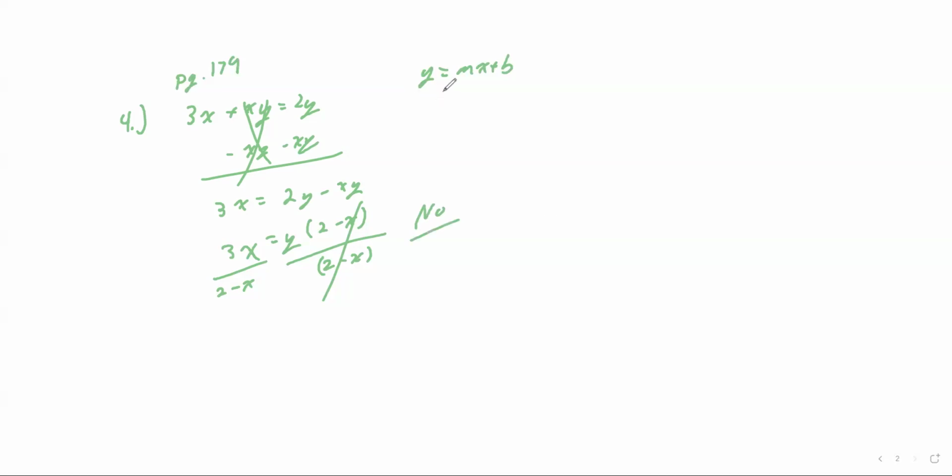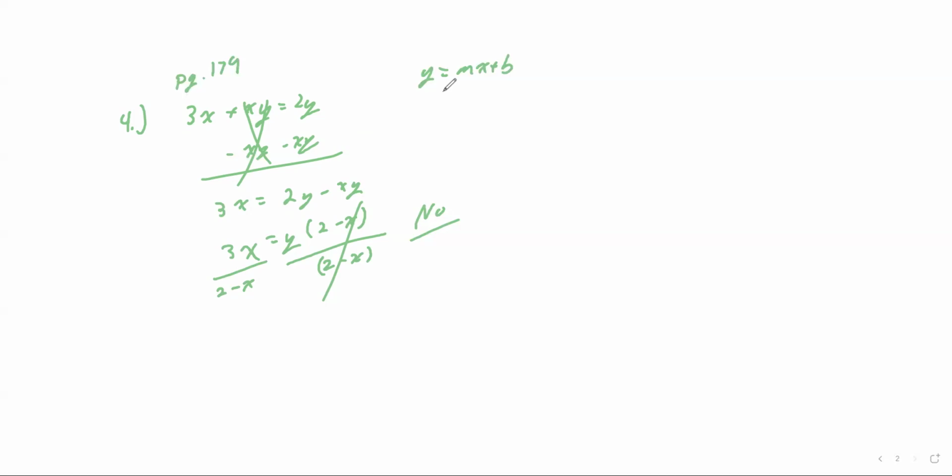Again, I would love to just state that if you have an xy situation, the answer is always going to be no. But there's going to be that one case, and I can think of one in my head right now. Let's see. Here we go.